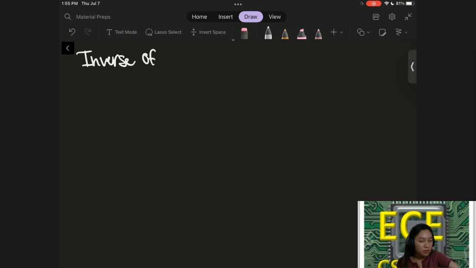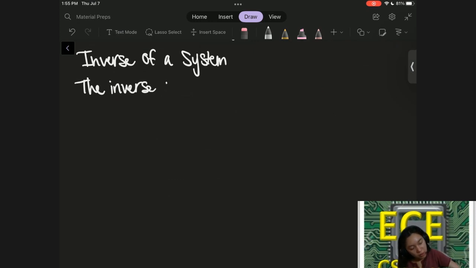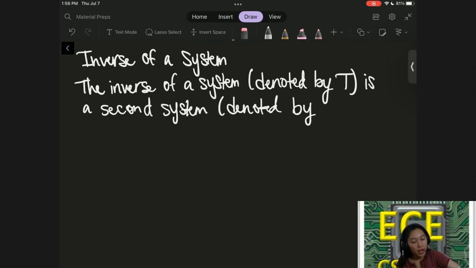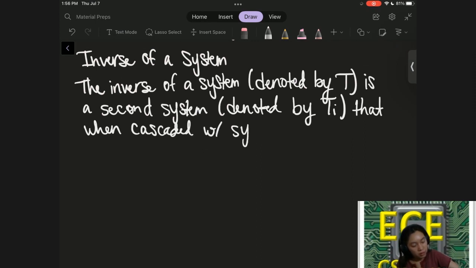The inverse of a system, denoted by T, is a second system we'll call T inverse, that when cascaded with the original system T yields the identity.